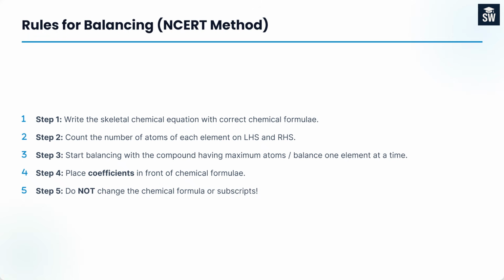Now, for example, the rules as per the NCERT, step by step to get 4 out of 4 marks. Number one, write the skeletal equation, which means the chemical equation with the correct chemical formulas. Number two, count the number of atoms of each element on the RHS and LHS.